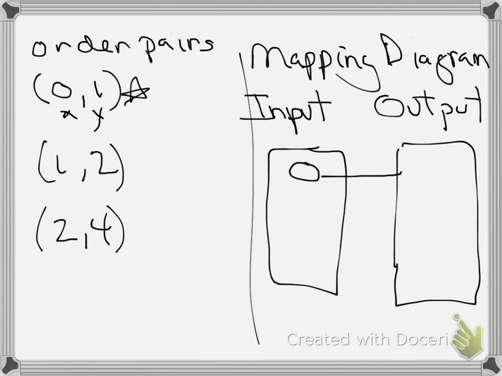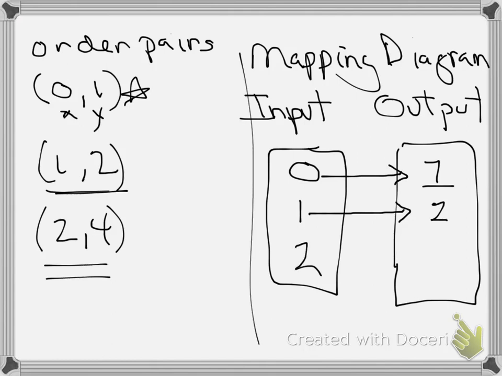So we point the arrow and it has an output of 1. The second one has an input of 1 and we point the arrow, it shows the output is 2. The last one, 2, is the input and we draw an arrow and it shows us that 4 is the output. And that's what a mapping diagram is.